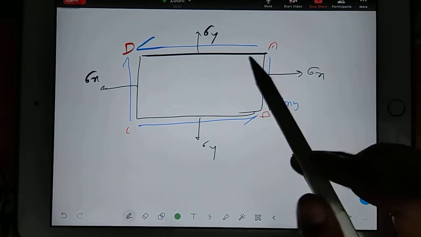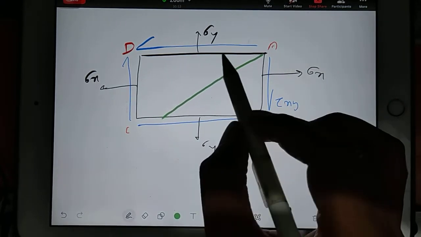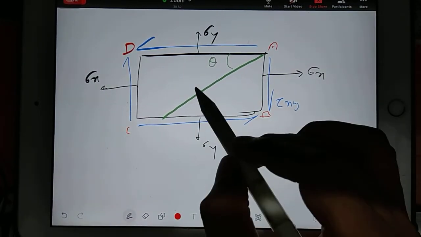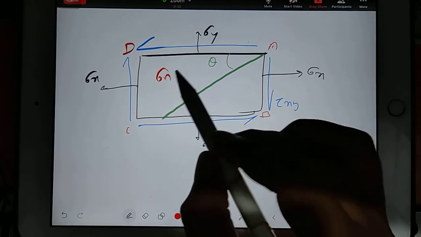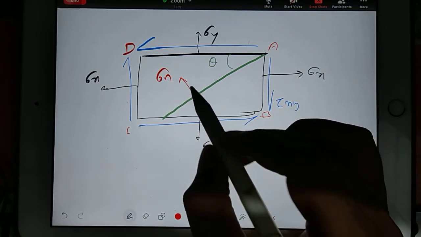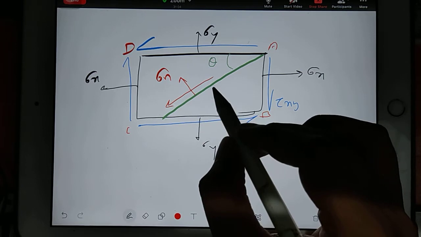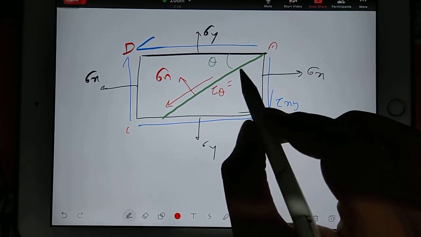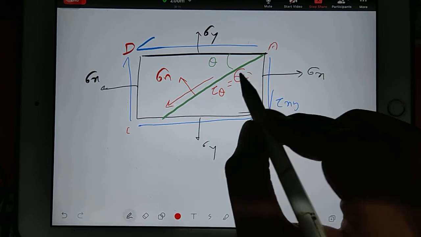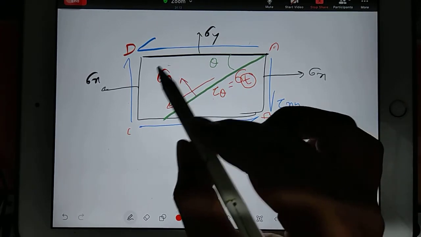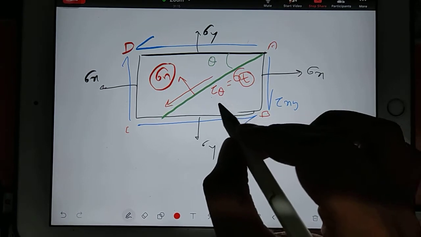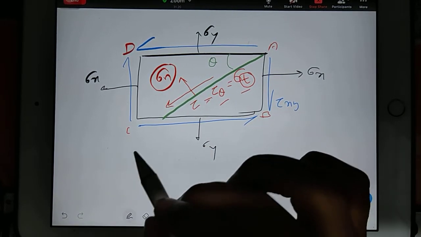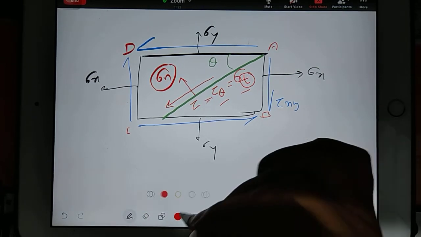But if I am giving you any inclined plane like this, which is at any angle theta, then on this inclined plane we can find out our normal stress, symbol will be sigma n, and I can find out my shear stress. That shear stress will be tau theta, or sometimes in some textbook it will be written as sigma t, t for tangential, and this is normal sigma n. So it's tau theta and sigma t. Sometimes they will simply write tau. So now see, how will you find out these two values?